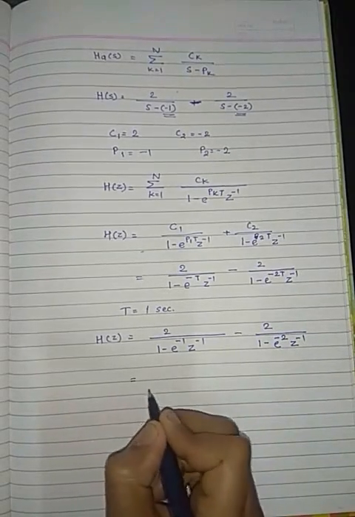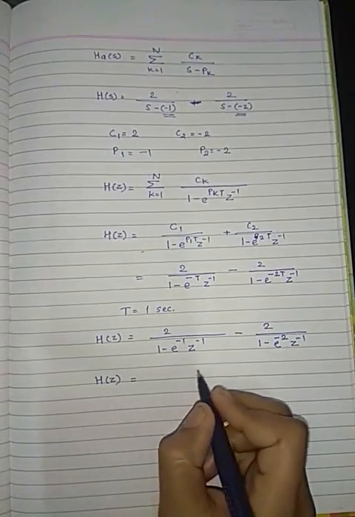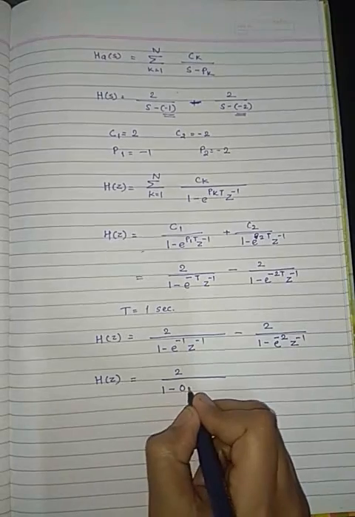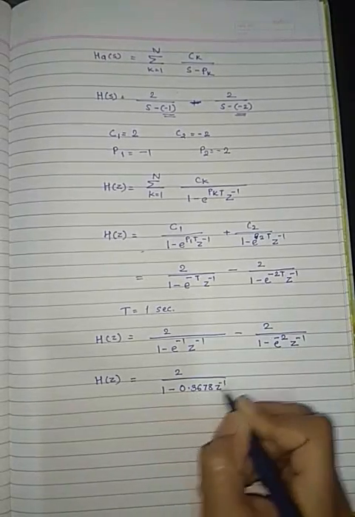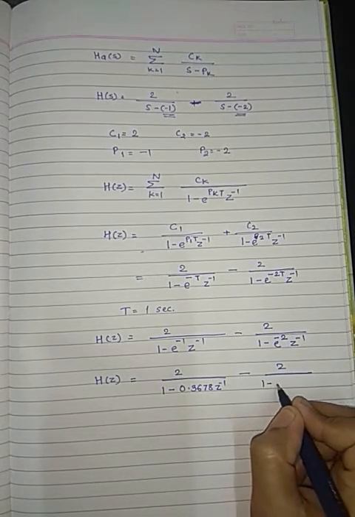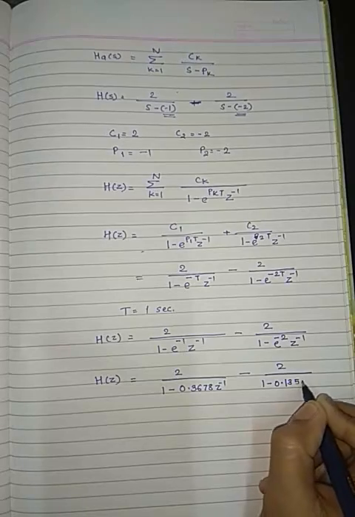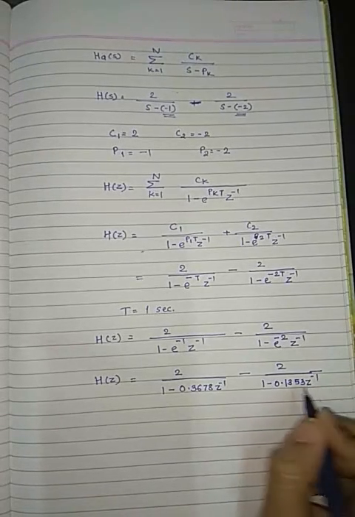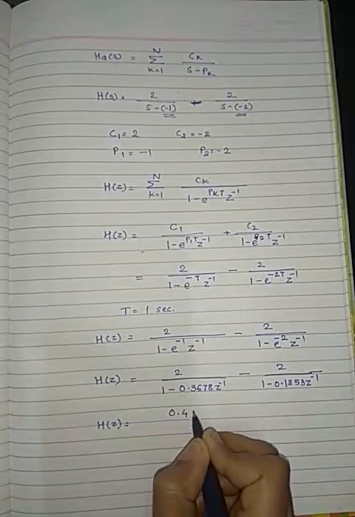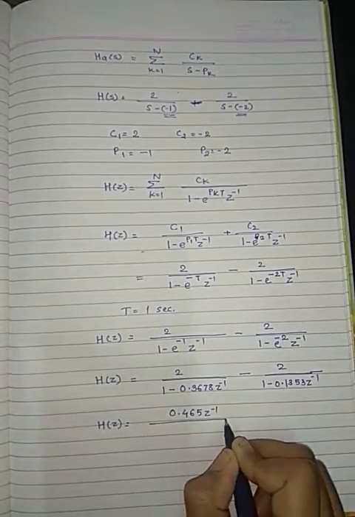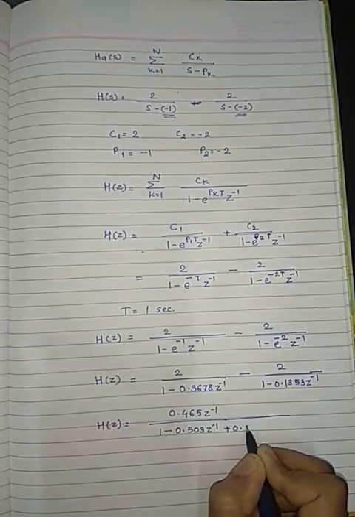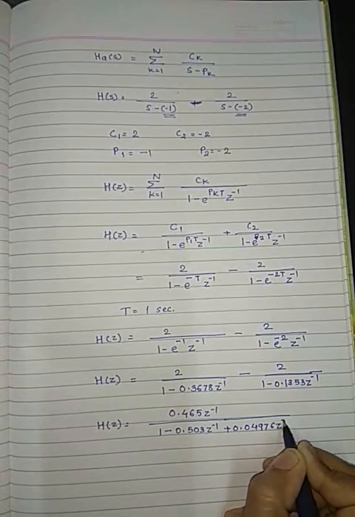After simplifying this, H of Z becomes 2 divided by 1 minus 0.3678 Z raised to minus 1 minus 2 divided by 1 minus 0.1353 Z raised to minus 1, as the value of e raised to minus 1 is 0.3678. After further simplification, H of Z is equivalent to 0.465 Z inverse divided by 1 minus 0.503 Z inverse plus 0.04976 Z raised to minus 2.